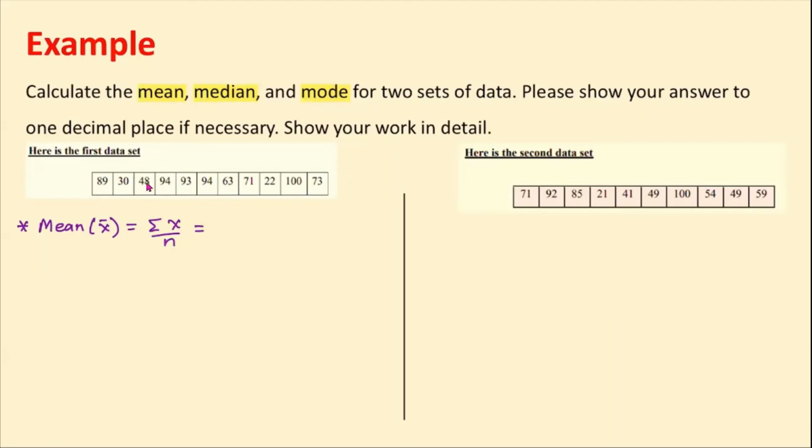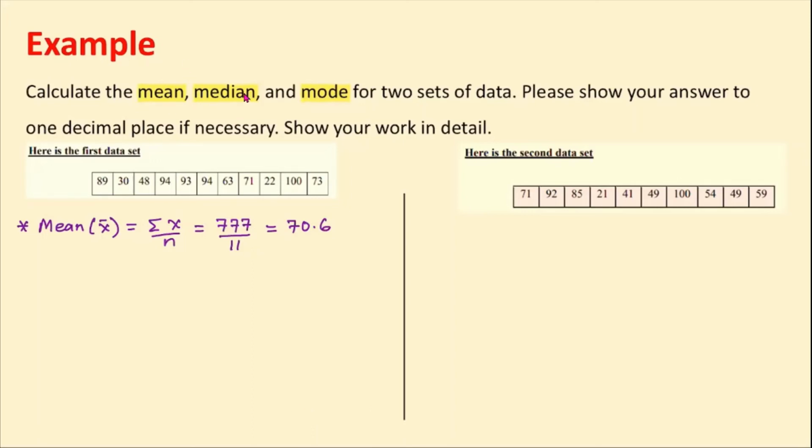If we add all these numbers, we'll get 777. 777 divided by the total number of observations. You can count 1, 2, 3, 4, 5, 6, 7, 8, 9, 10, 11. So it is 777 divided by 11, which is equal to 70.6. That is the mean for this data set.